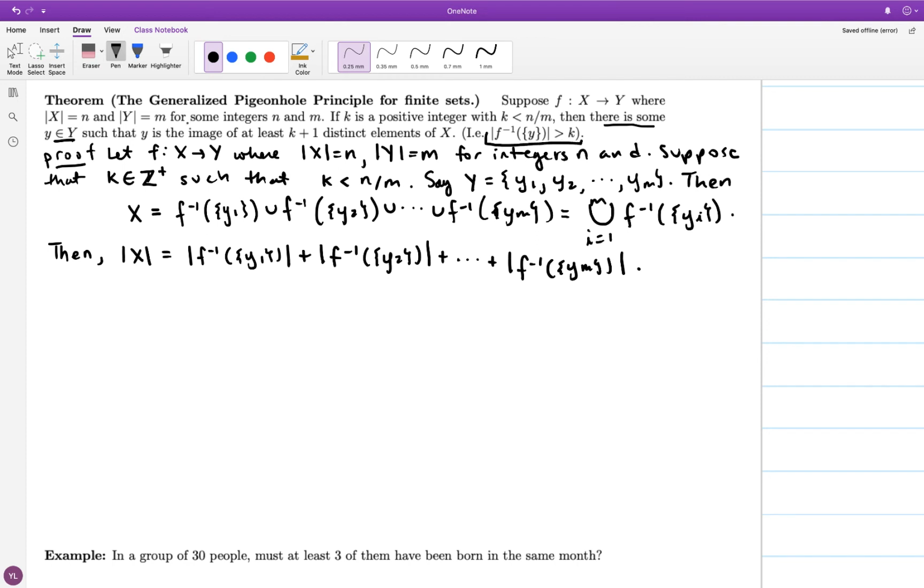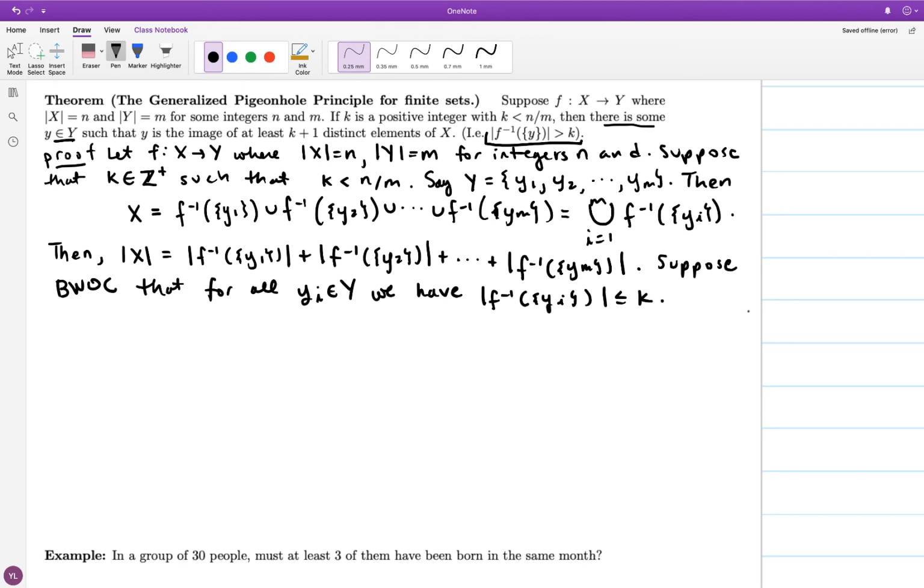So for all y in the codomain, the inverse image of singleton y has cardinality less than or equal to k. This is my notation for suppose by way of contradiction. Okay, there we go. So suppose that each of these inverse images has at most k elements. That's the negation of the punchline of the theorem.